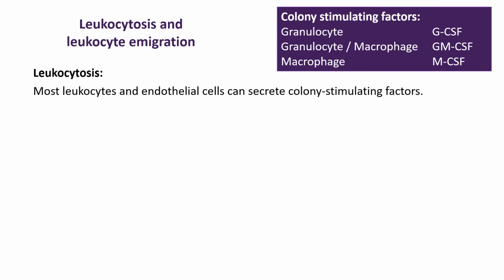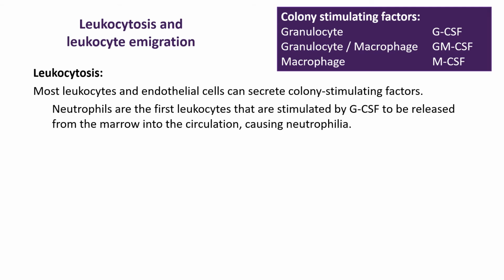Alongside that, of course, we have leukocytosis. Leukocytosis is going to release leukocytes from the bone marrow where they're synthesized, and it's going to release them into the circulation. Now, most leukocytes and the endothelial cells can secrete colony stimulating factors.